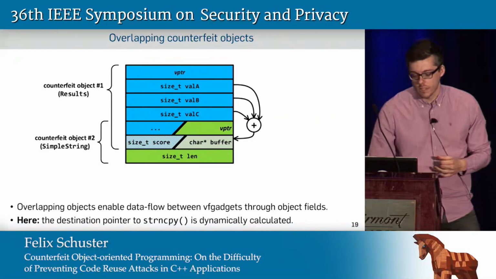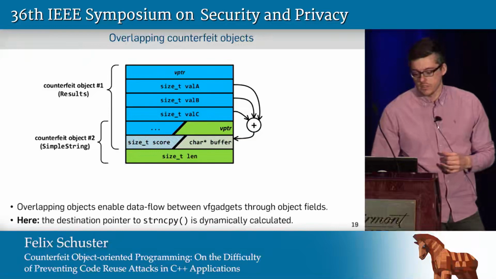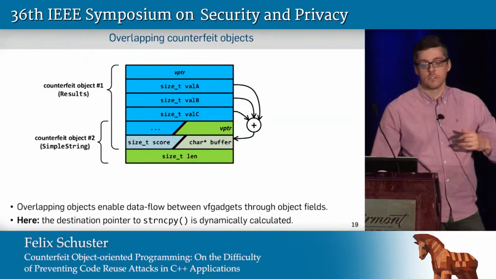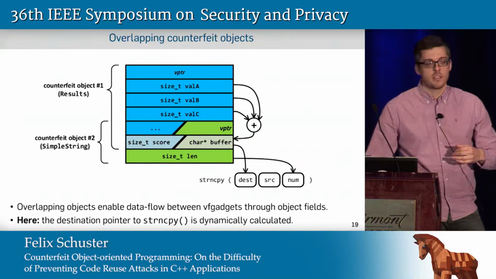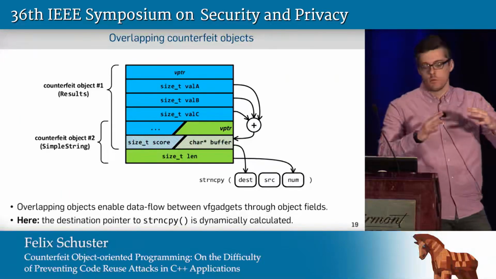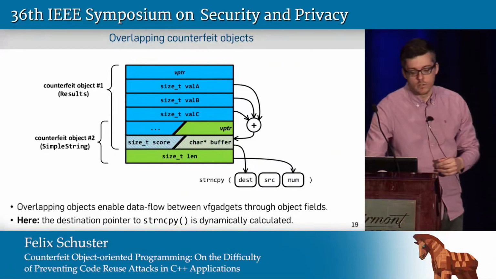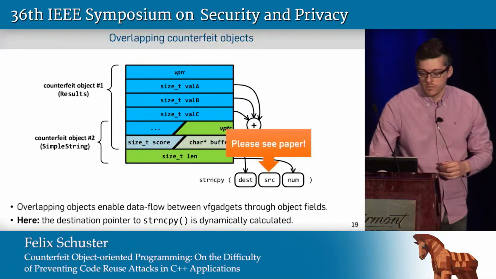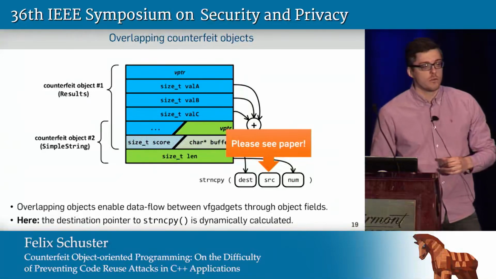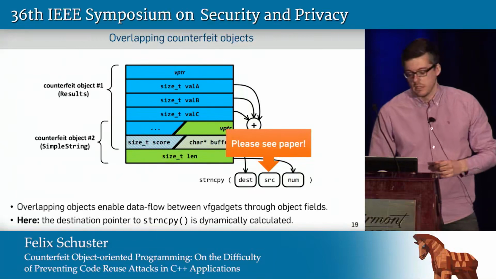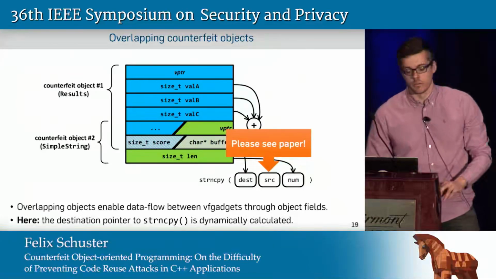It calculates the sum of A, B, C and writes this to the field below. Because these counterfeit objects overlap, the next VF gadget interprets this value as a destination pointer for this memcpy, string copy operation. Of course, you would probably also want to control the source pointer in a code reuse attack, but this is explained in the paper.